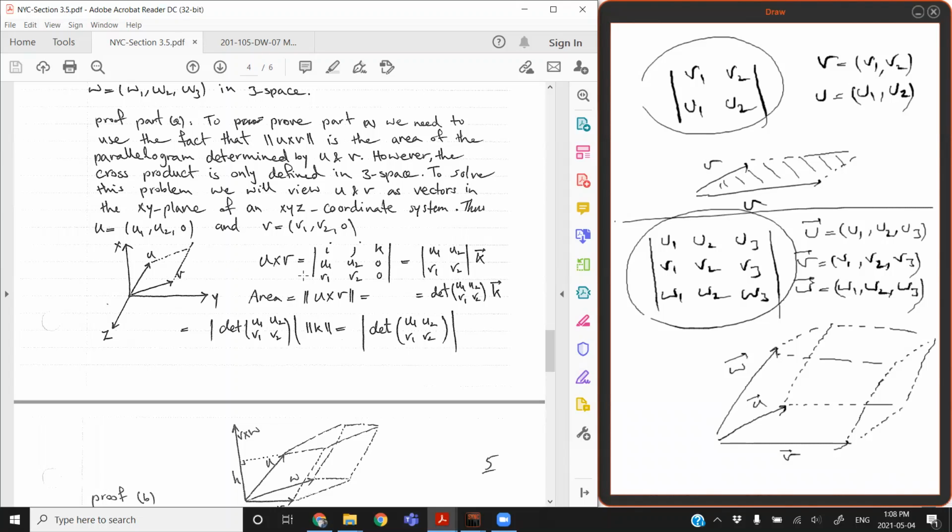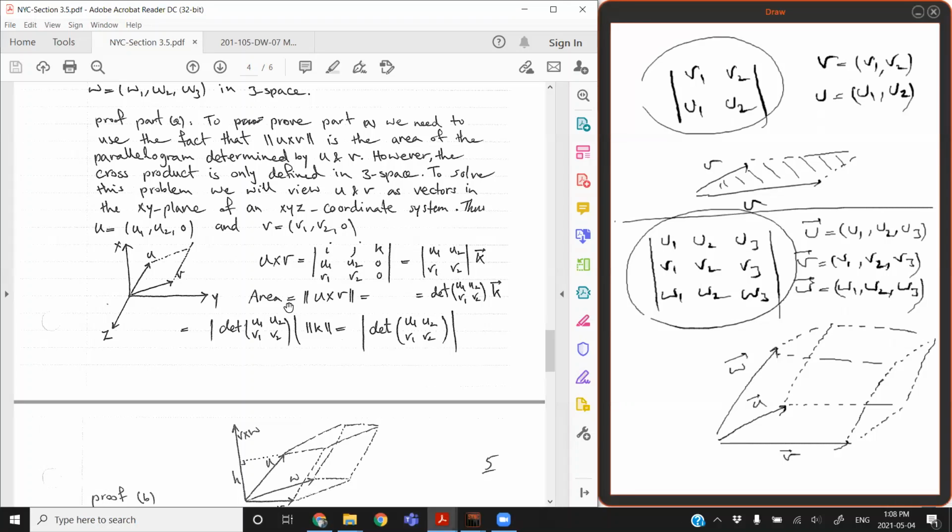If I cross u and v, I get i, j, k in the first row, u in the second row, v in the third row. And then you can see the cofactor for i is going to be 0. The cofactor for j is also going to be 0. You're left only with the cofactor for k. So you get k times the corresponding cofactor, which is this determinant here.